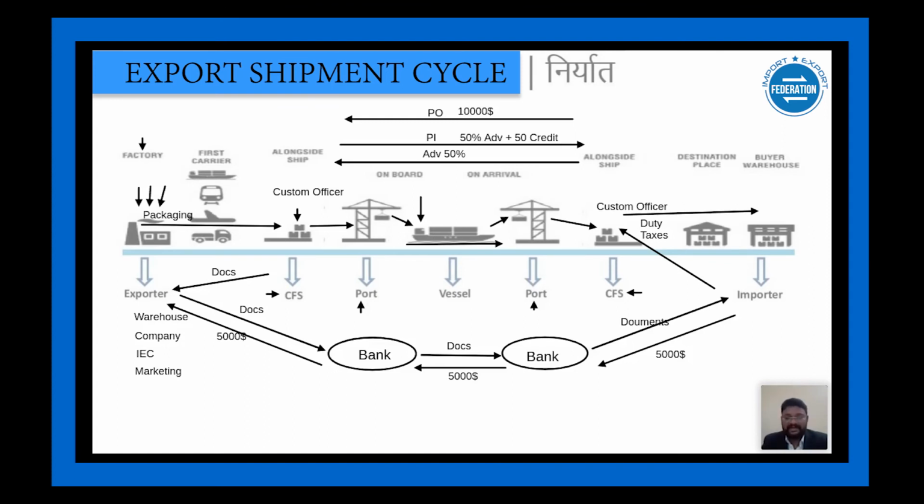So if you see the domestic business, there is no security, no such system. We are on our own. Even if there is a neighbor who is not paying your bills, what will you do? You can't touch him. But here, if you work with the system, if your importer is not paying you, then still you can put a case on him or you can take action, or there are some other systems which will compensate you.